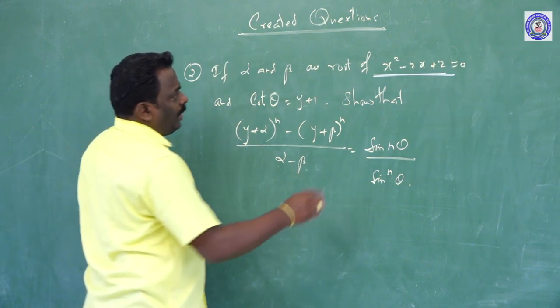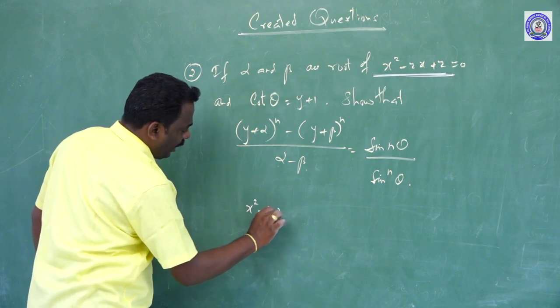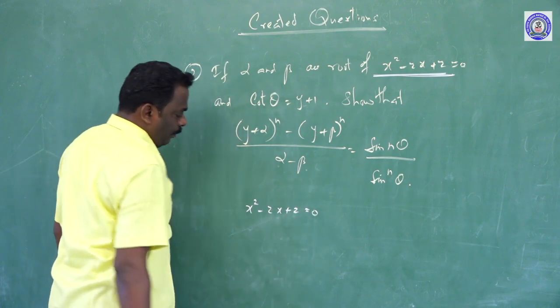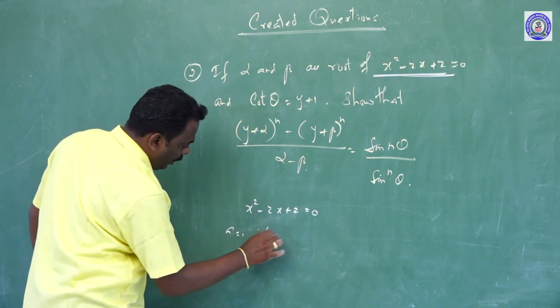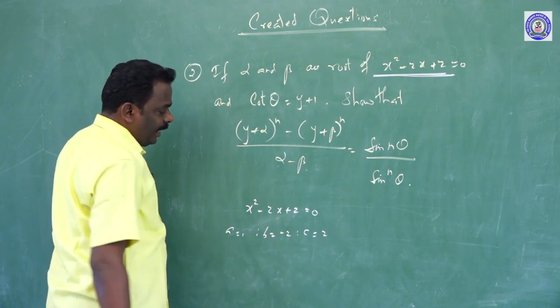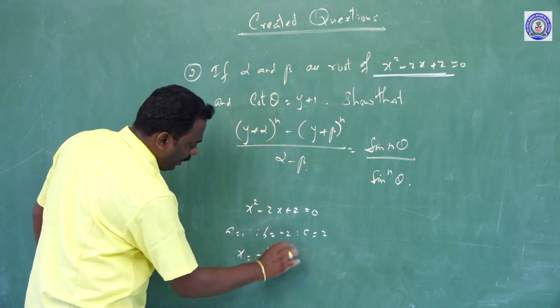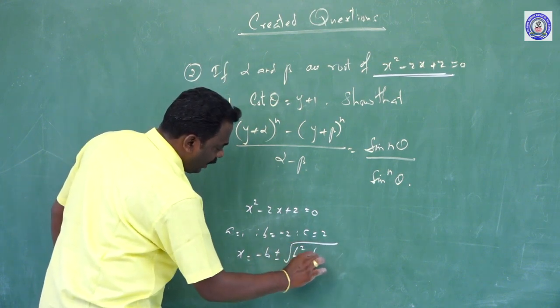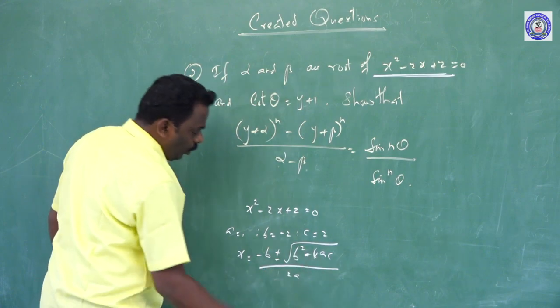So first we have to consider the given equation x² − 2x + 2 = 0. Comparing, a = 1, b = −2, and c = 2. Applying the quadratic formula, x = (−b ± √(b² − 4ac)) / 2a.